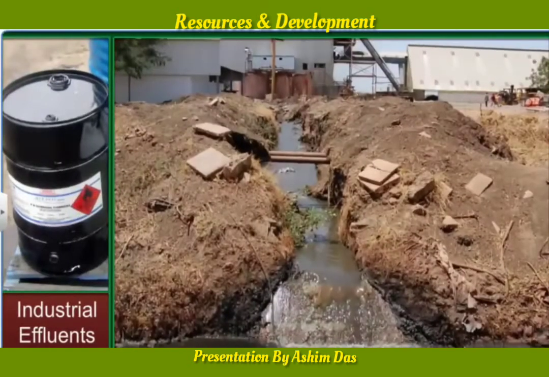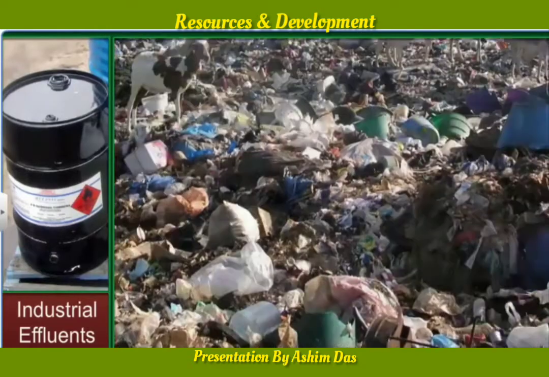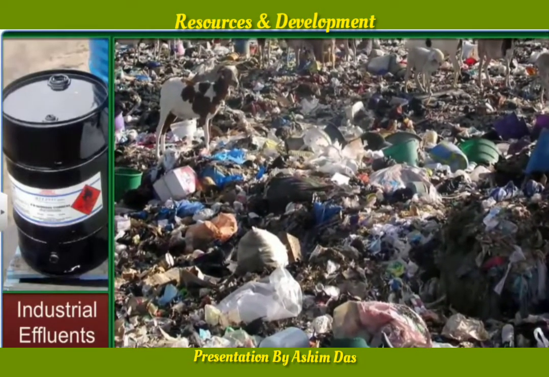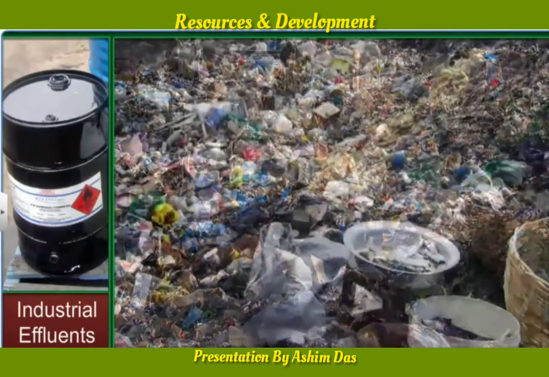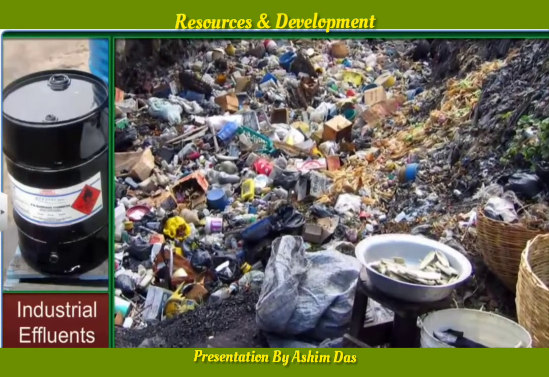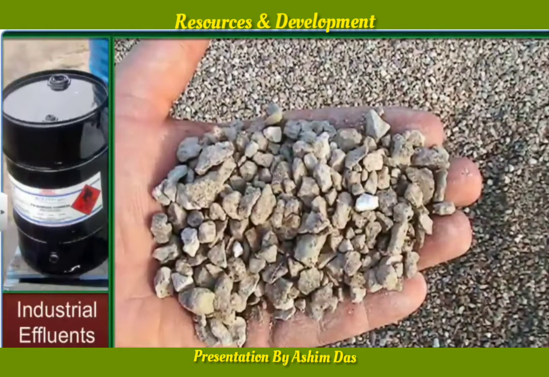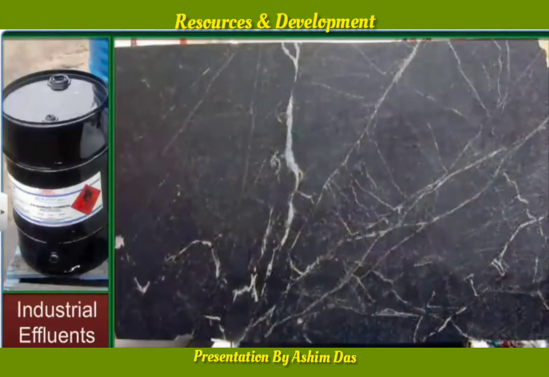Disposal of solid and liquid waste by industries on surrounding land or water bodies has also become a major cause of land degradation and water pollution. Industrial activities like grinding of limestone, calcite, and soapstone, which release dust, retard water infiltration into the soil.